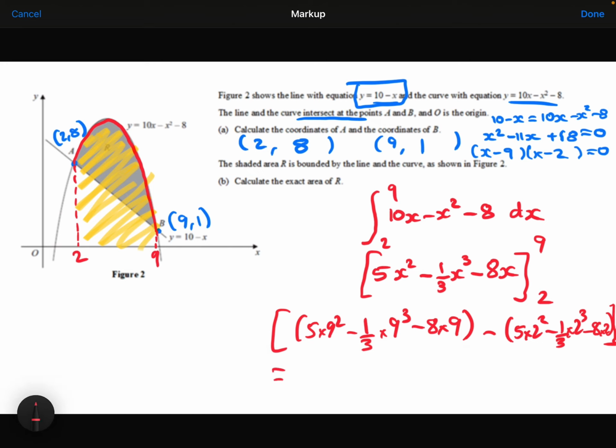So just bear with me while I put that into my calculator. And we get 266 over 3. So that is that yellow shaded area.